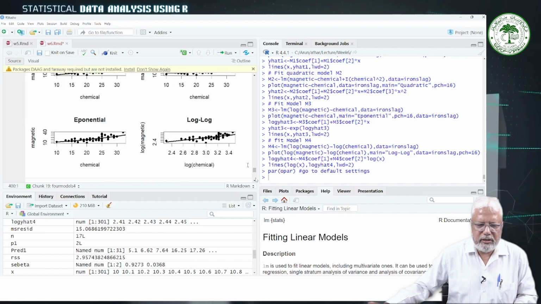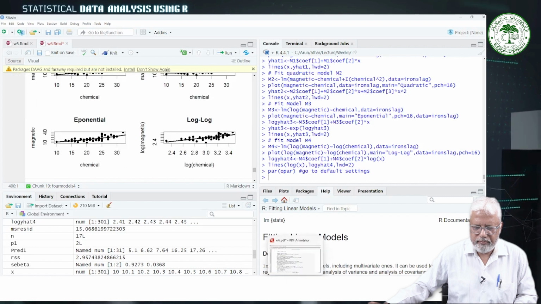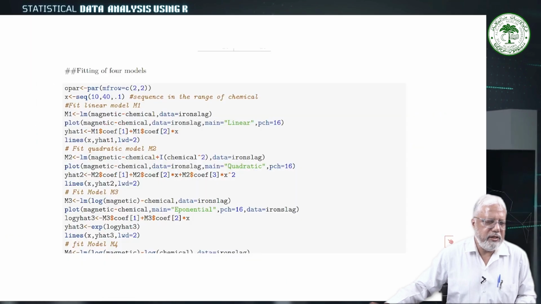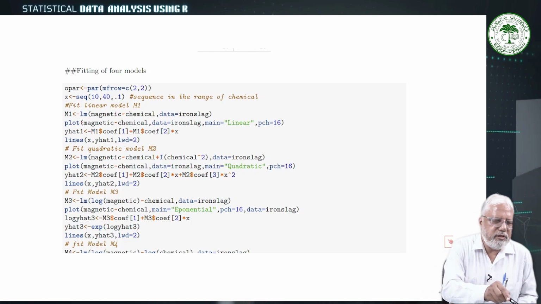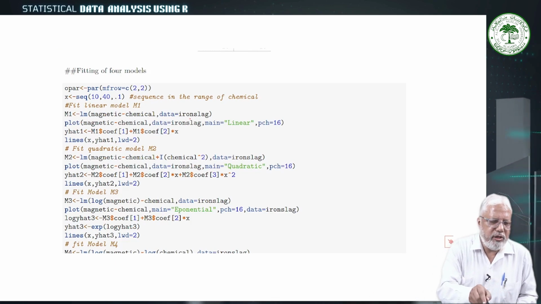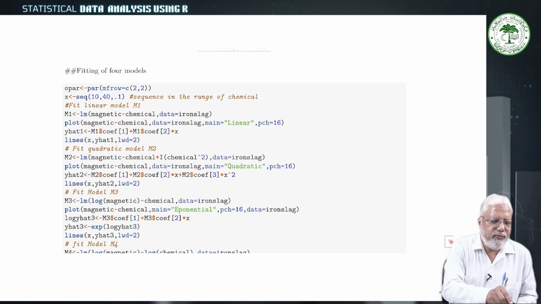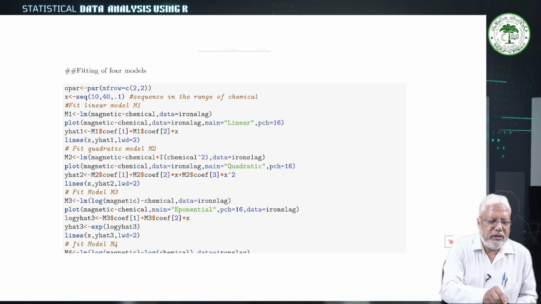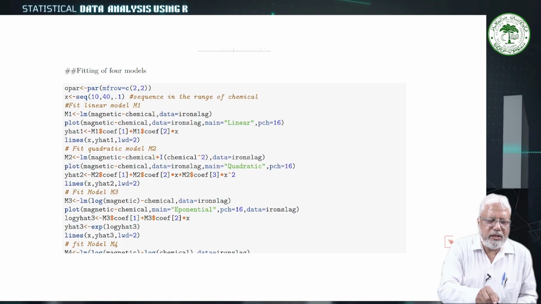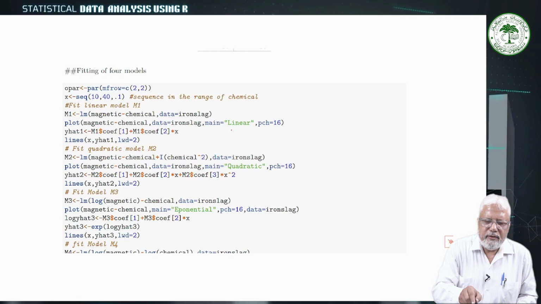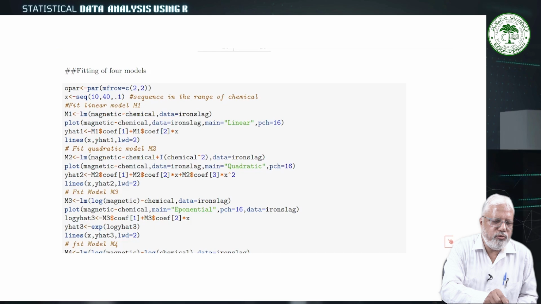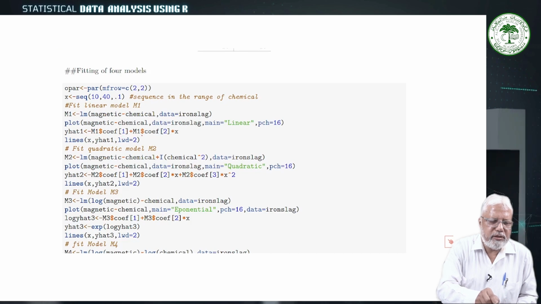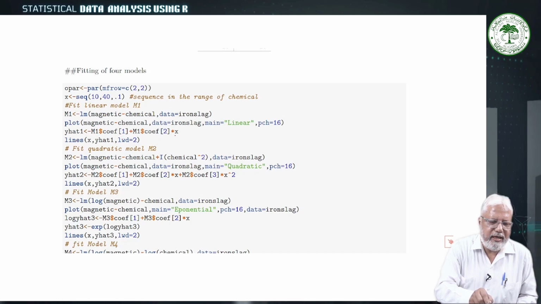To understand these things, we have to go to the PDF. See how we are fitting these. We are generating x is equal to seq, then we are fitting lm, the simple linear regression model. We are plotting a new scatter plot of magnetic versus chemical, with plotting character 16. Then y hat, the predicted values, is m1 coefficient 1 plus m1 coefficient 2 into x.